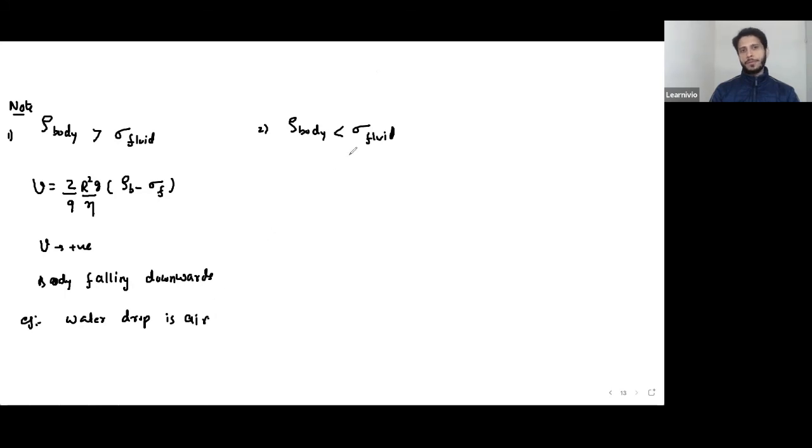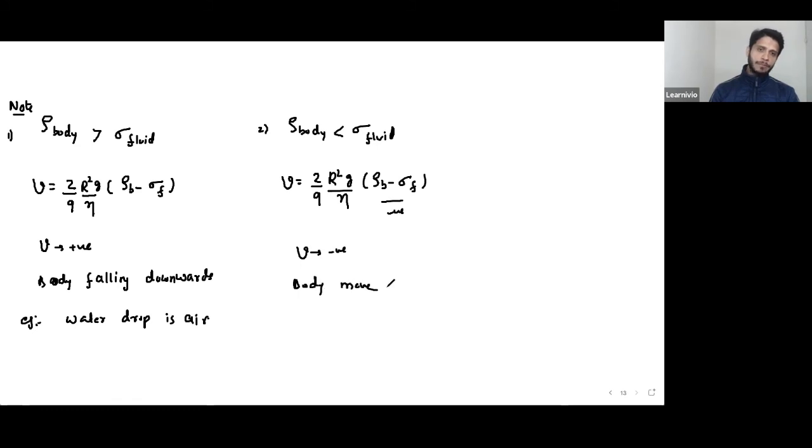For a drop in air, if the density of body is less than the density of fluid, then the terminal velocity is 2 by 9, r square g over eta, into density of body minus density of fluid. In that case, this term comes out to be negative, so your terminal velocity will be negative. Terminal velocity negative means the body moves upwards.